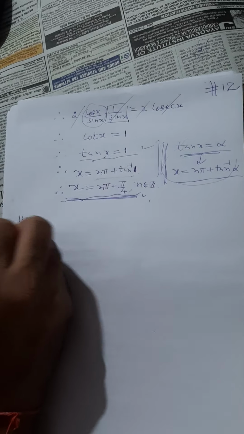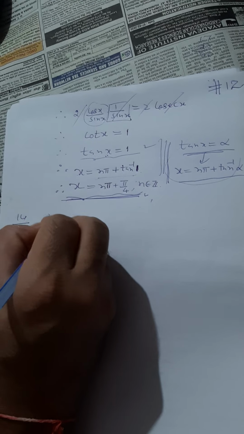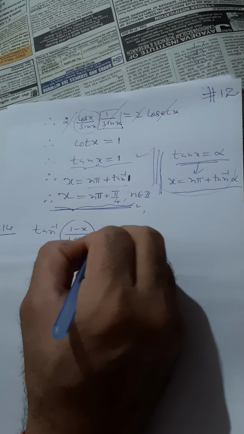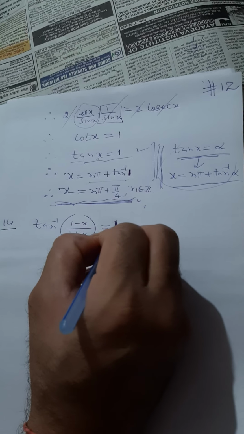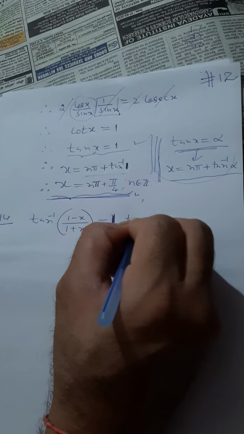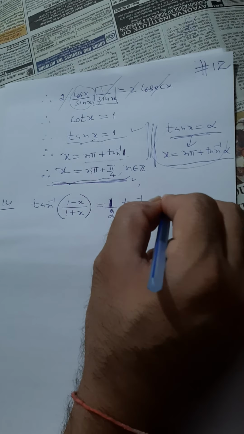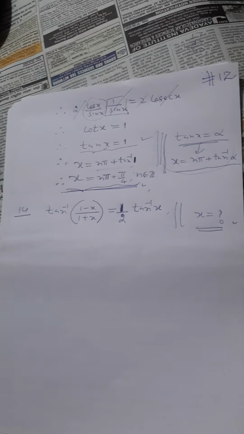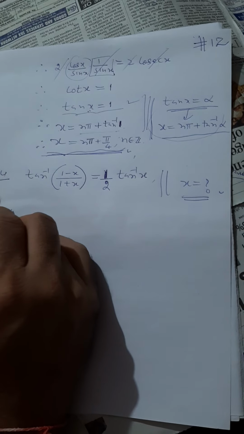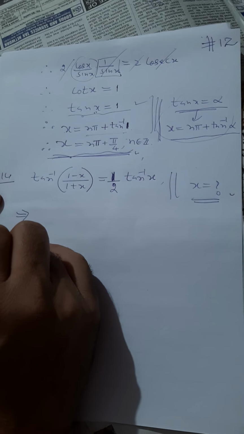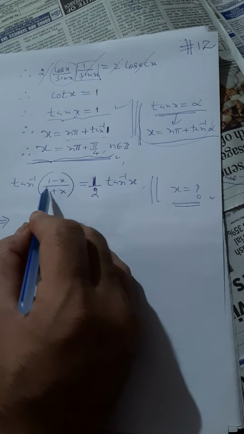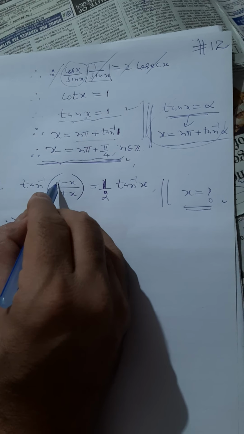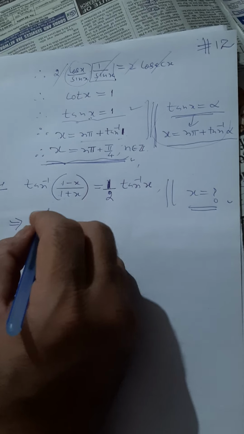Next question, 14 number. Tan inverse of 1 minus x upon 1 plus x equals half tan inverse x. Again here the question is to find x, the solution. So tan inverse of 1 minus x upon 1 plus xy. Now this is like x minus y upon 1 plus xy.